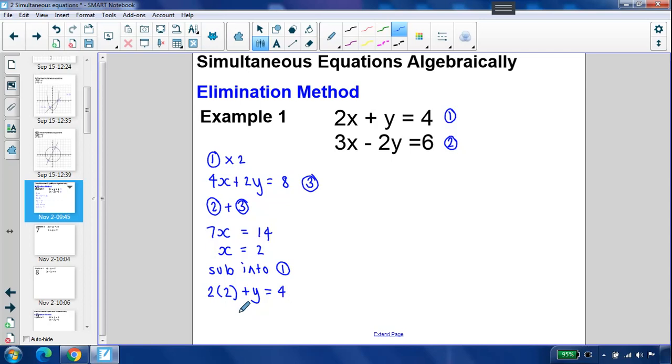Well, that's 4. So when I take 4 from both sides, I'll actually have a 4 minus 4 here. So y is going to be equal to 0. And if it asks you to find the coordinate, I could write my final answer as 2, 0.